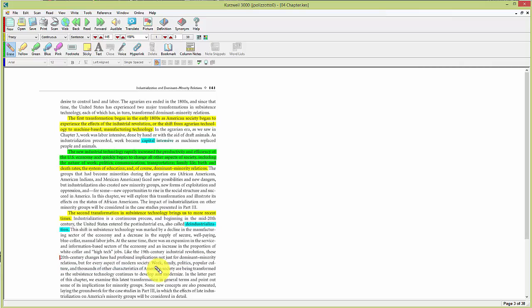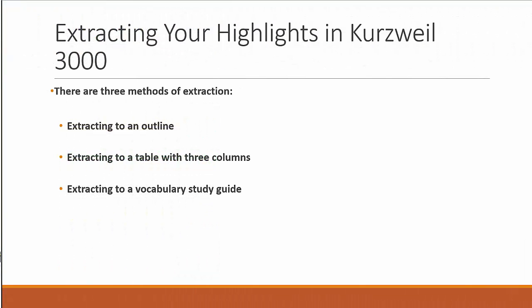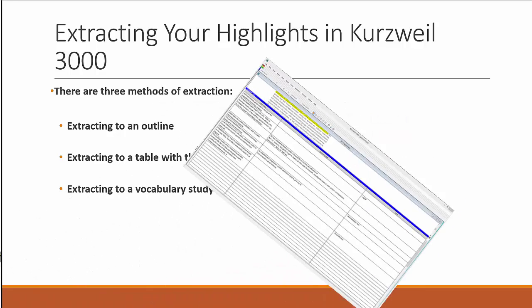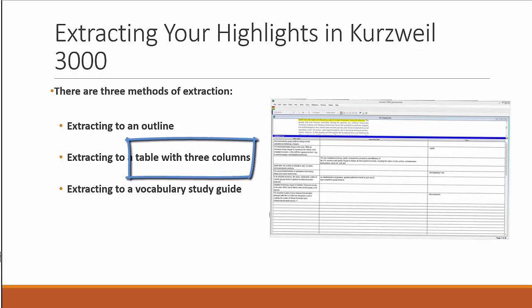When you are finished highlighting your document, you can now extract your highlights in a few different ways. One way is to extract your highlighted information into an outline. This method works very well when your information is organized into main ideas, supporting ideas, and details. Another way is to extract your information into a table of 3 columns and multiple rows.